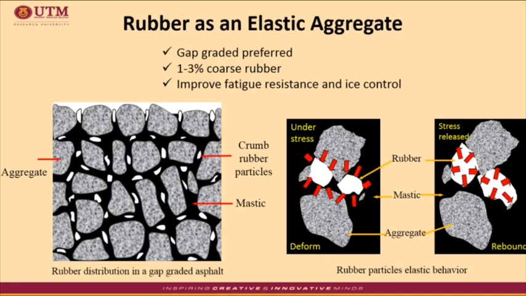However, it was found later that the rubber particles can lose some of their elastic behavior at temperatures in the region of -6 degrees Celsius, resulting in a reduction in fatigue life. So based on the aforementioned flexibility, rubber modification is considered to have potential to improve fatigue resistance and ice control in pavements.